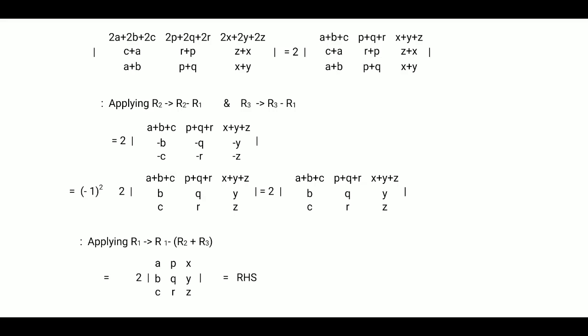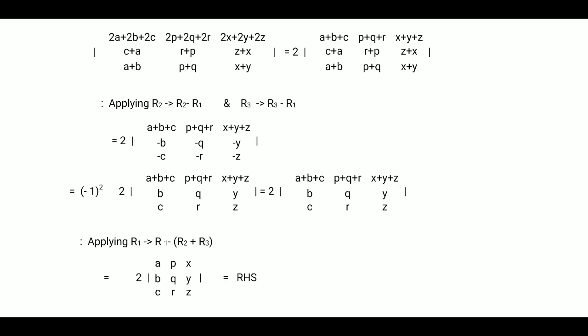So we get like this. Now we have a minus sign in all elements of R2 and all elements of R3, so we take common minus from R2 and minus from R3. This will become minus 1 square, and 2 multiplied by the determinant.